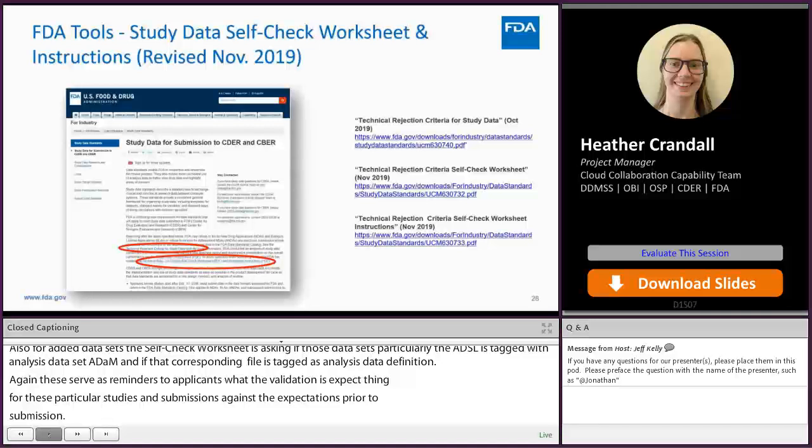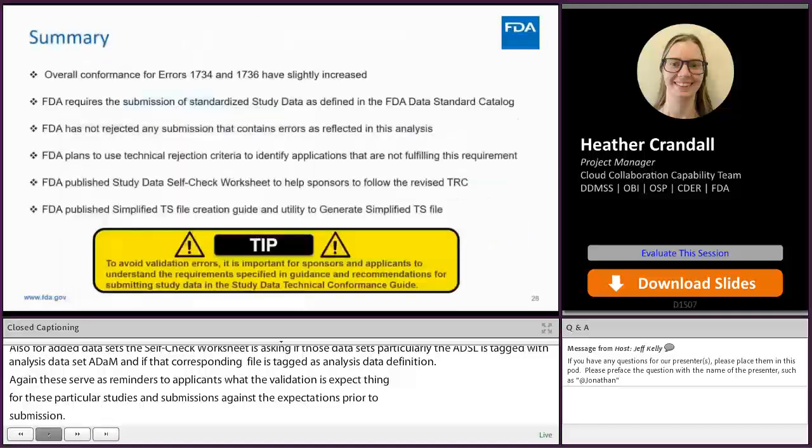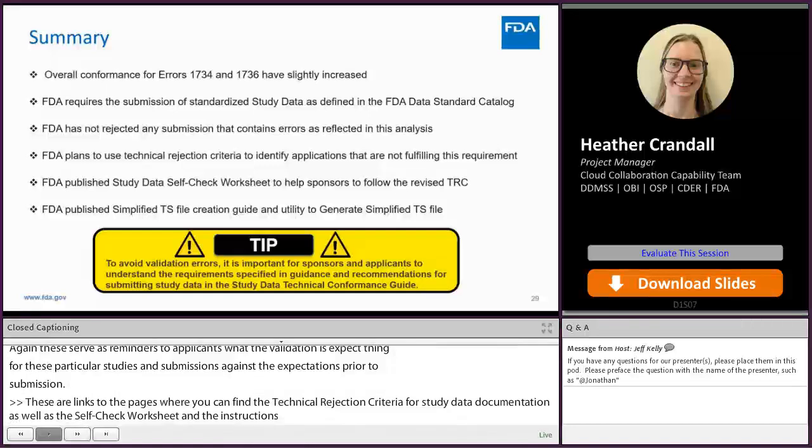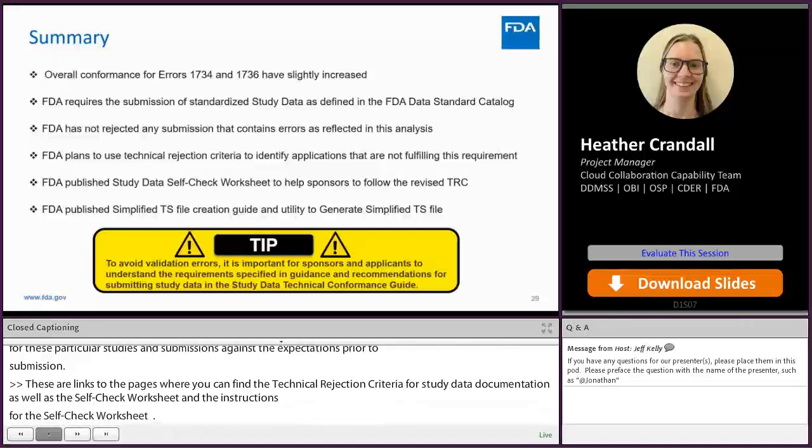So in summary, overall, conformance for errors 1734 and 1736 have increased. It's important to remember that the technical rejection criteria have not yet been implemented.